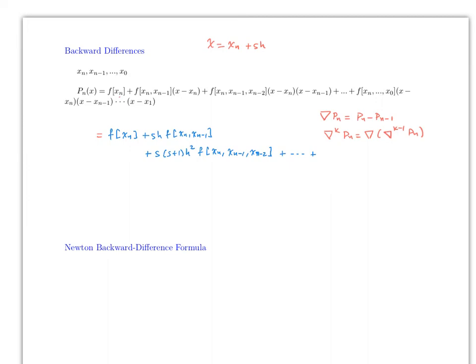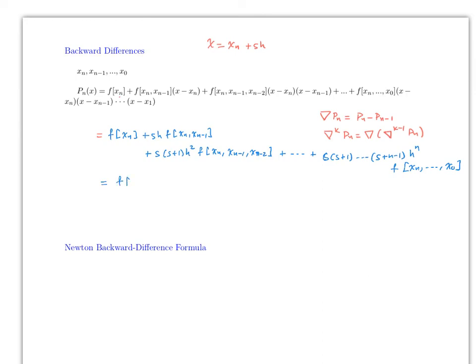So the last one is going to be s times s plus 1 all the way to s plus n minus 1 times h to the n power times f of xn all the way down to x0. Now we use the compact notation.